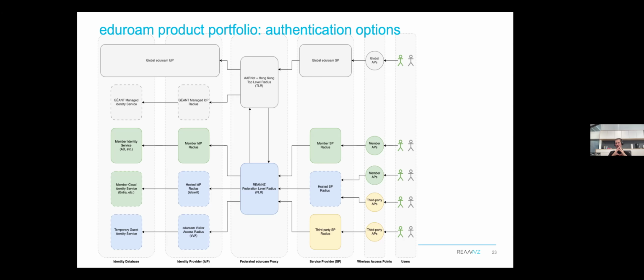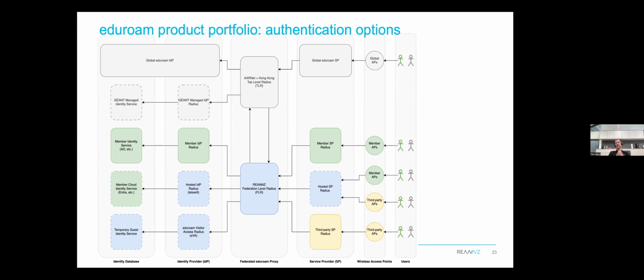And finally, the right-hand side of the diagram is for what's used on the SP side and what access points connect to. The traditional way has been that the member operates a service provider server that access points connect to. There are situations where the member is not able to, or for various reasons cannot, operate an SP server.